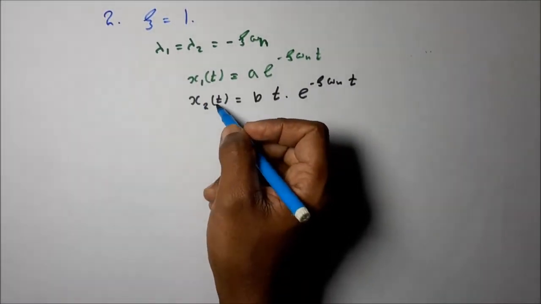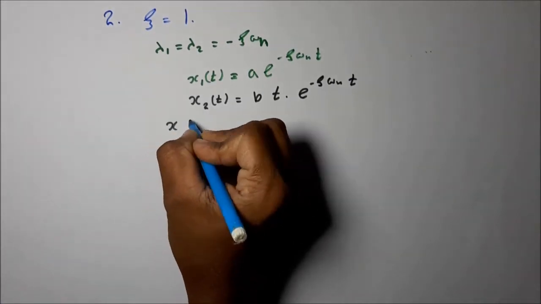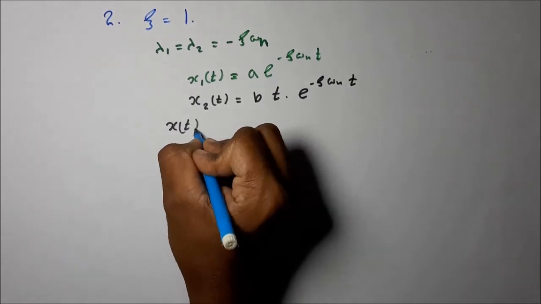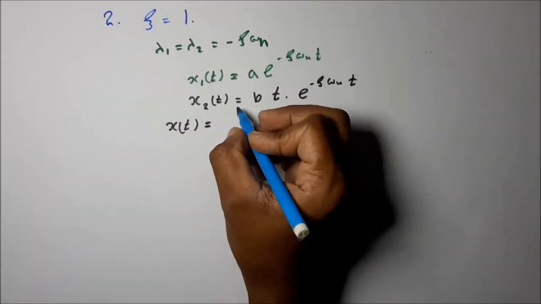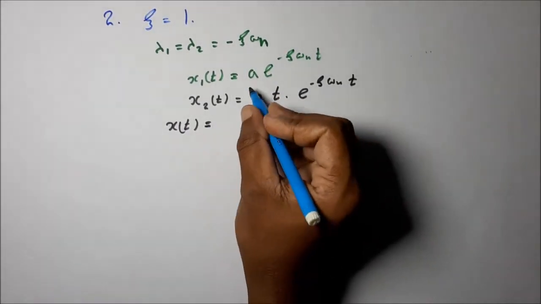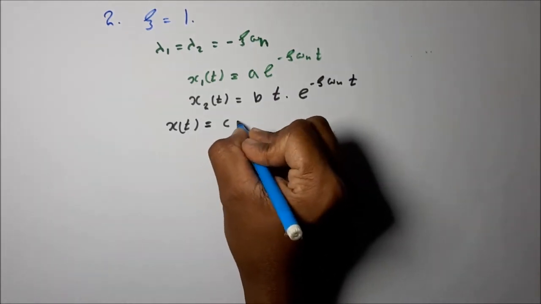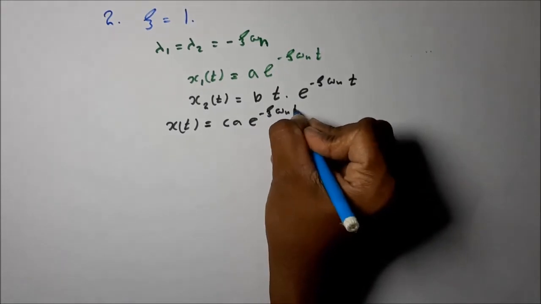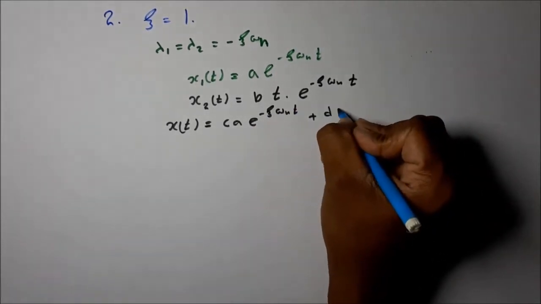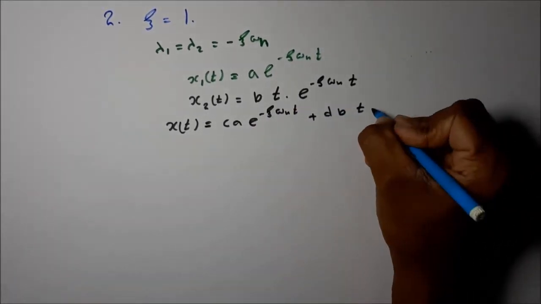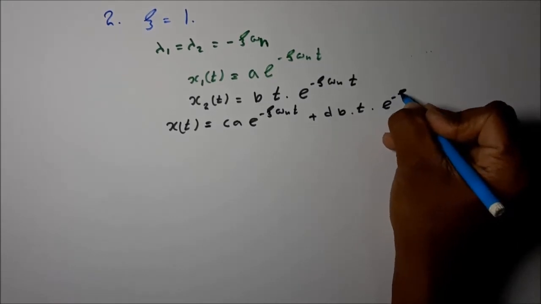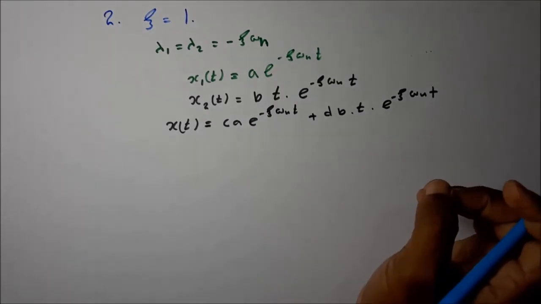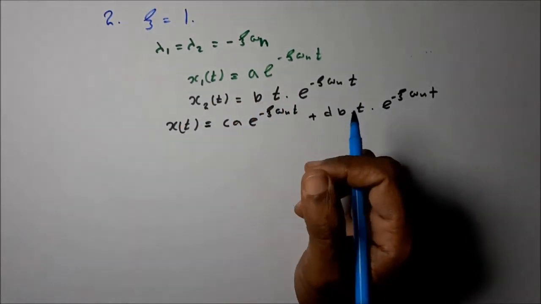In this situation also we can write the total solution as a combination of these two independent solutions. x(t) equals c a e to the minus theta omega n t plus d b t e to the minus theta omega n t. A linear combination of two independent solutions is also a solution of the differential equation.